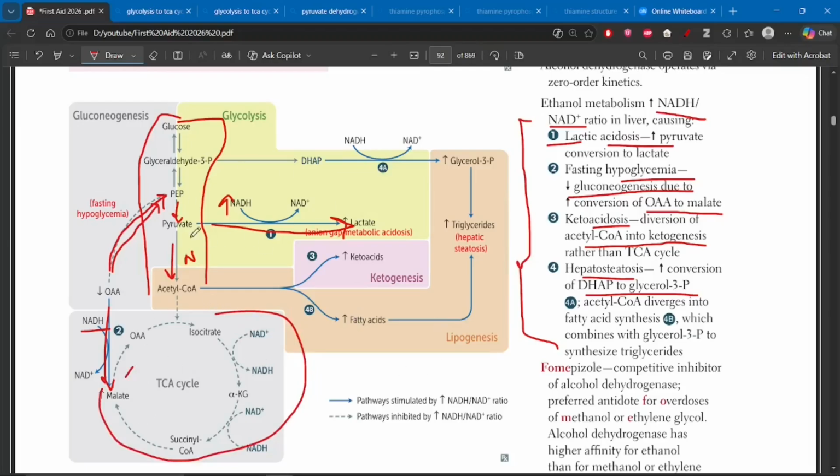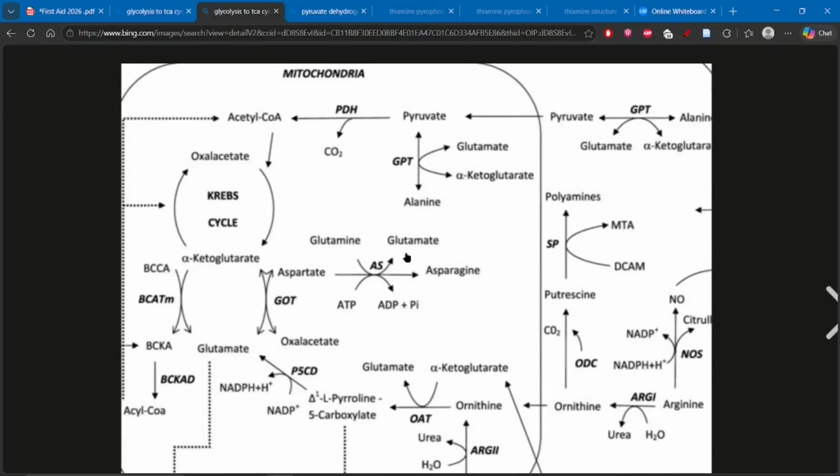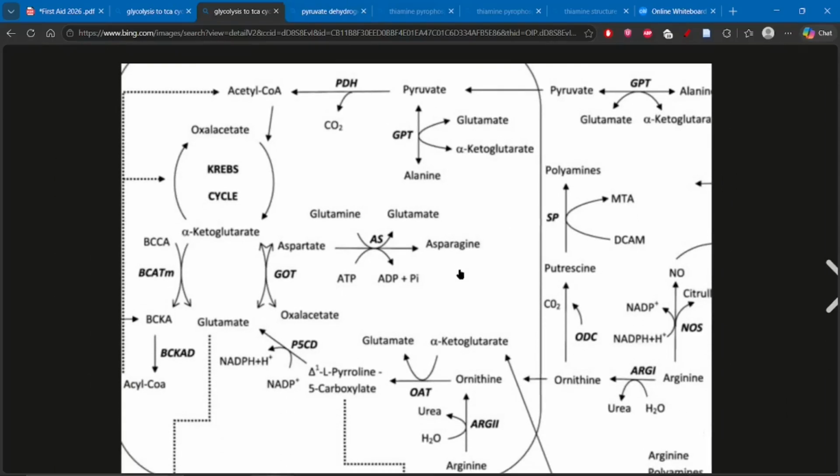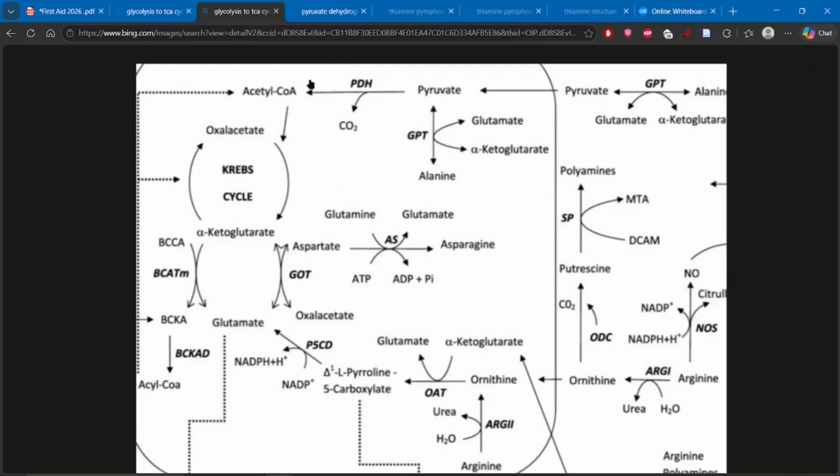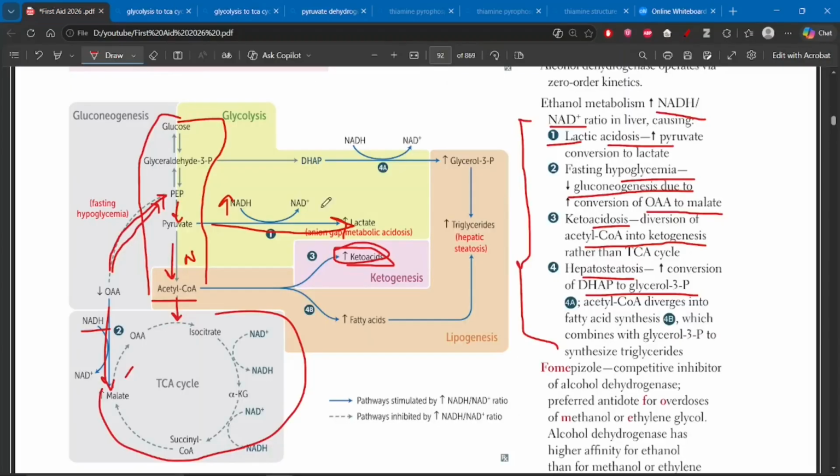And even if we do somehow manage to form acetyl CoA, due to increased NADH and decreased NAD plus, it goes and forms keto acids, right? Instead of going forward, because it requires NAD plus to go towards this process. It does not have NAD plus, so it goes and forms keto acids.